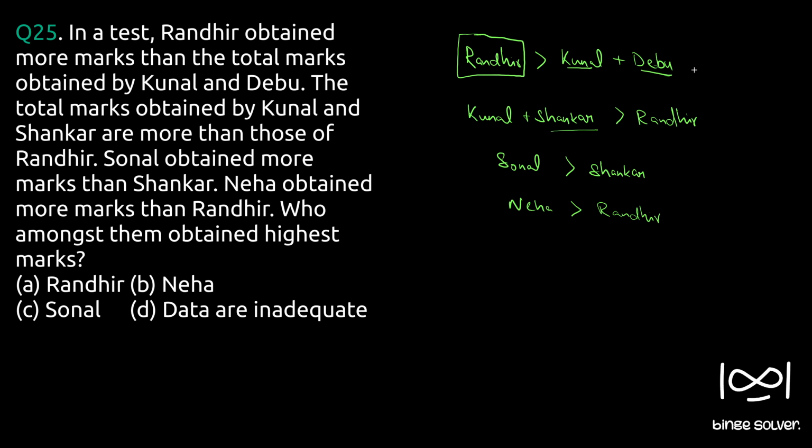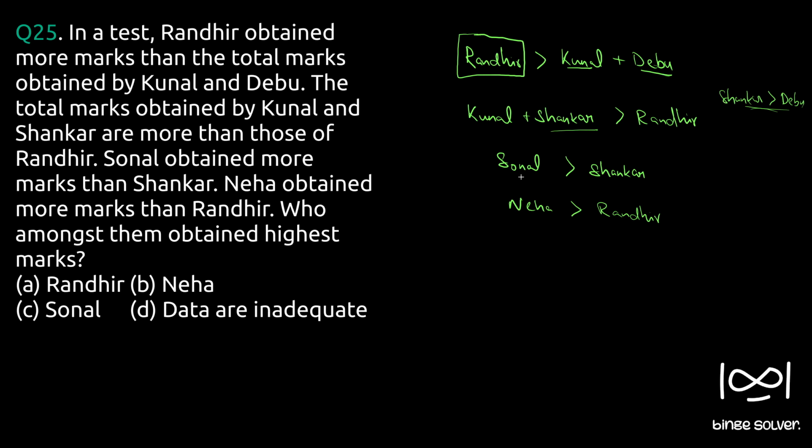So we can say Shankar is greater than Debu from this information. No other information can be extracted from these two. So out of Kunal and Debu, Randhir is larger, and whether Shankar is greater than Randhir or Randhir is greater than Shankar, we don't know.